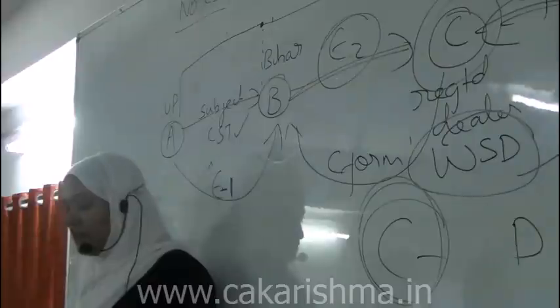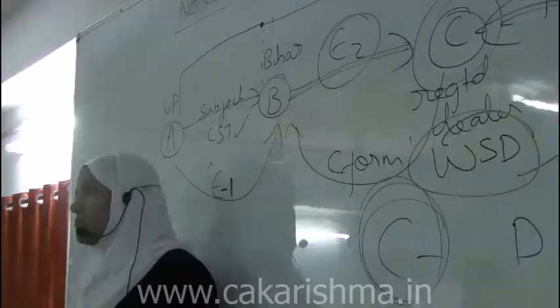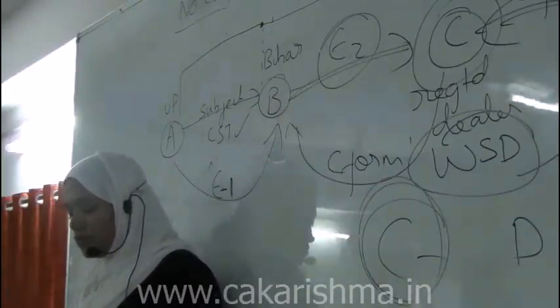So see this one, what did we write for specific goods? If the goods are within the state at the time when the contract is made, it's a local sale. Now you write down for future goods.